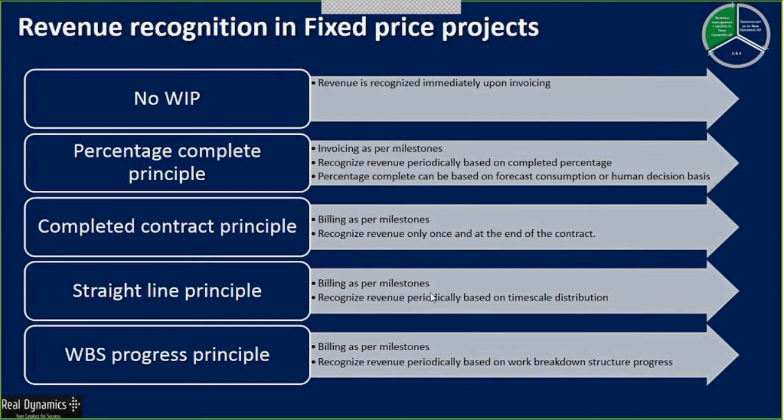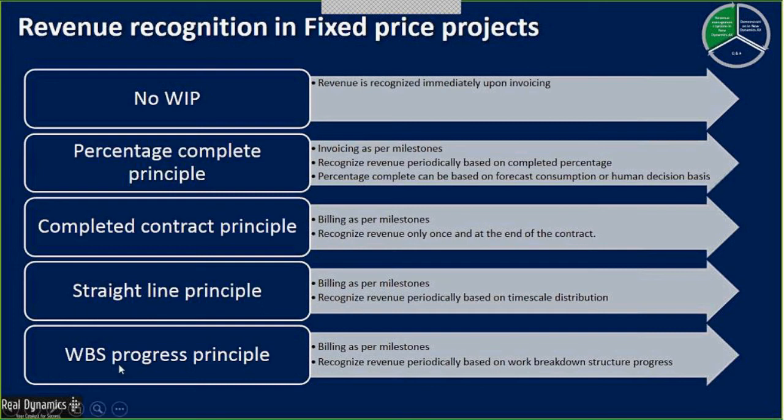So for example, if you have billing, and based on the total contract value you want to recognize revenue every month, then the straight line principle is leveraged. It came in AX 2012 R3 CU8 onwards, so it's fairly new from a solution perspective.